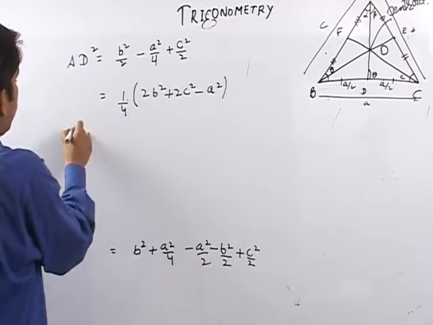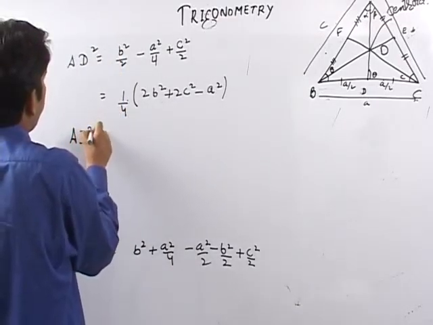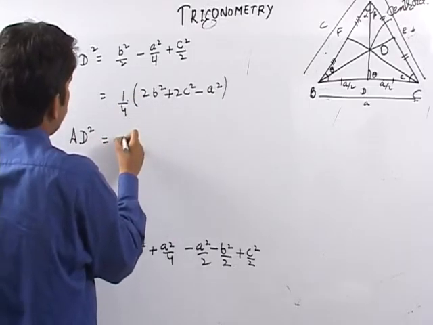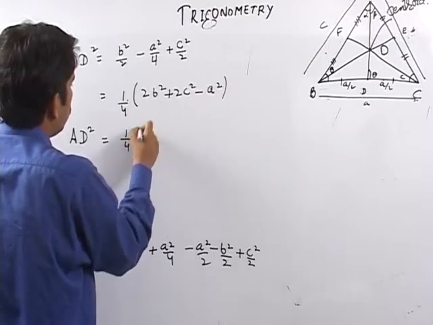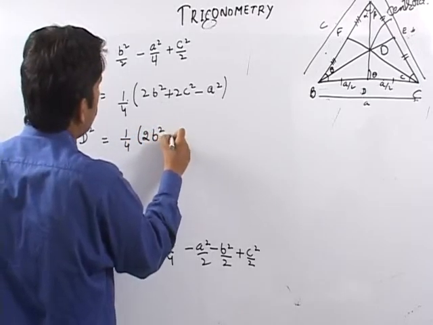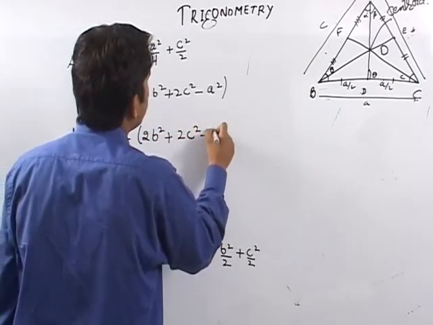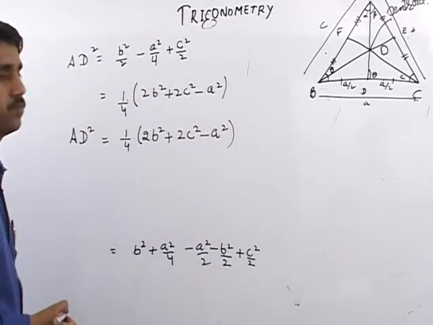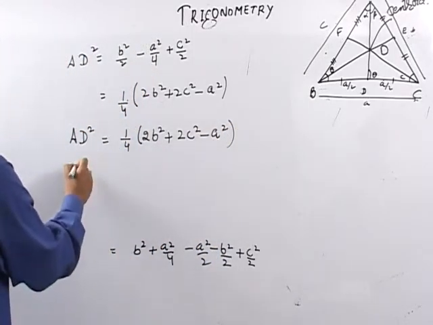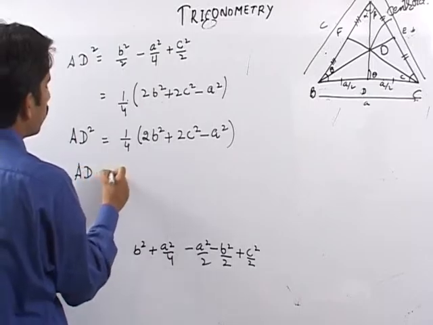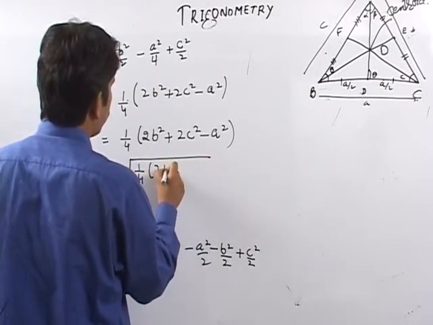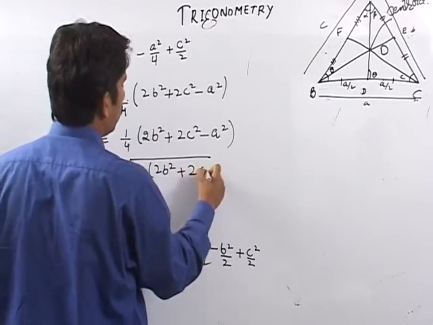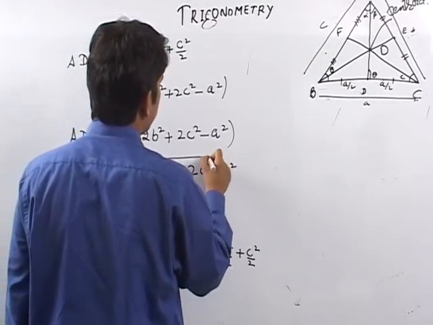You can say AD square is equal to 1 by 4 into 2B square plus 2C square minus A square. Now when you take AD, this will be equal to under the root of 1 by 4 into 2B square plus 2C square minus A square.